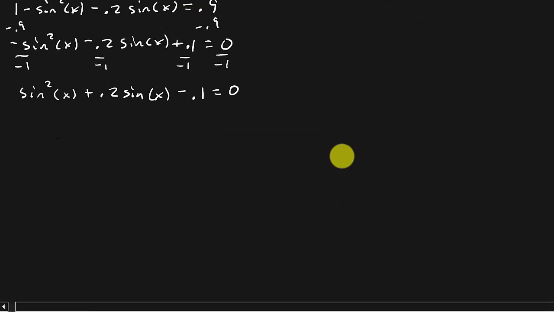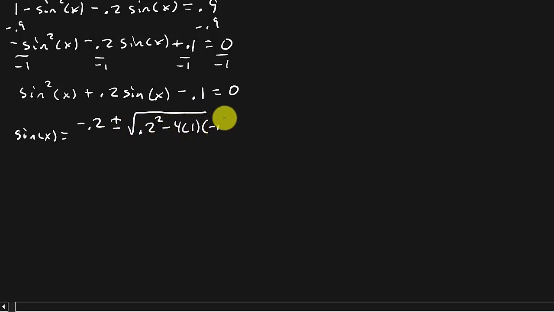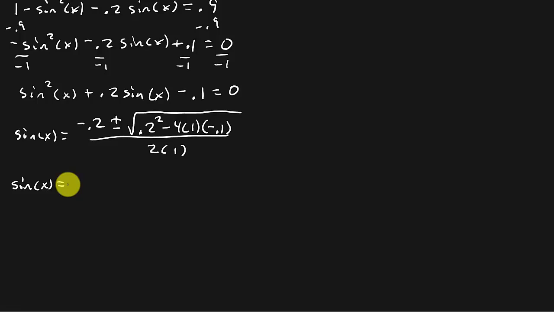All right, so now let's do the quadratic formula. I get sine x is equal to negative 0.2 plus or minus the square root of 0.2 squared minus 4 times a times c, all over 2 times a. I'm not going to do all this arithmetic out; I'm going to put the answer down.